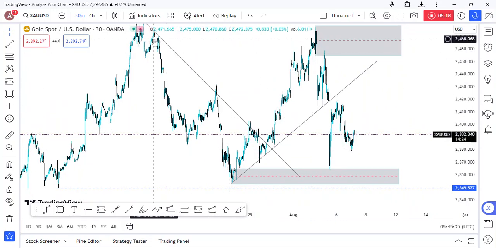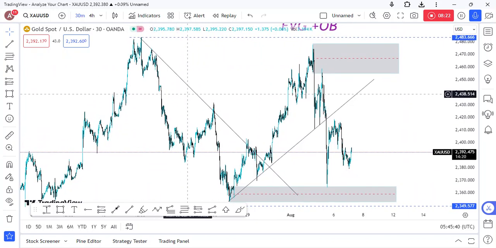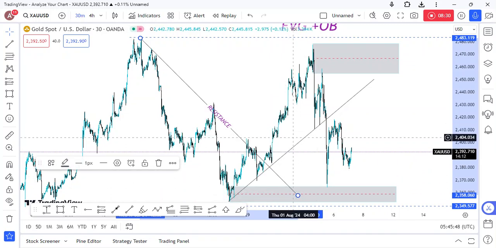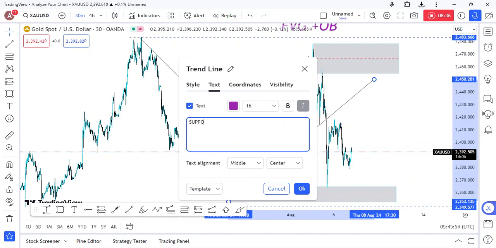So when the market touches the trend line, it reacts to it. As far as the market stays below this trend line, it is a resistance, and as far as the market stays above the trend line, it is a support.